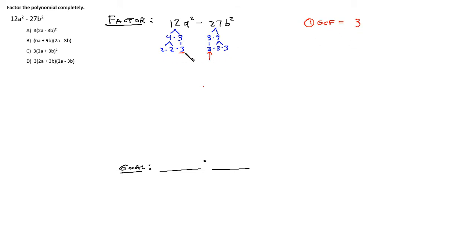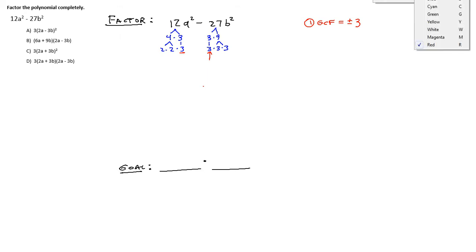I look for more common factors, but 2's don't appear in the second term's factor tree, and the other 3's are unmatched in the first factor tree. So there's one factor of 3 that forms the GCF. GCFs can always be positive or negative.